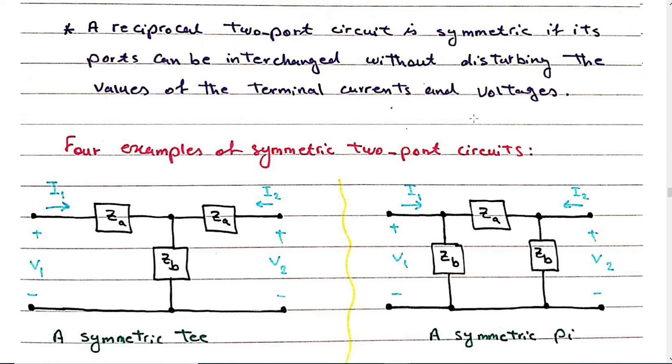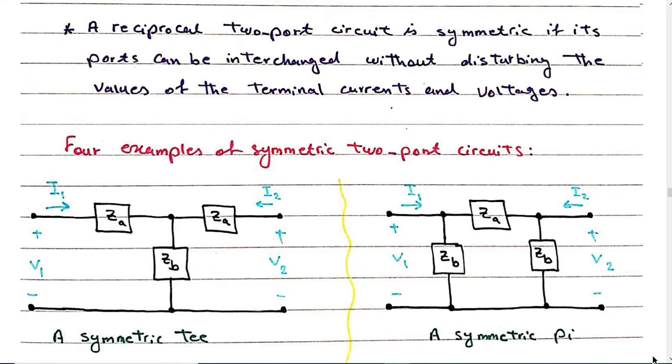Because we have ZA and ZA over here and ZB in the middle. If I put V2 and I2 on this side and V1 and I1 over here, the values remain the same. So that's why this one is symmetric. This one we call T.